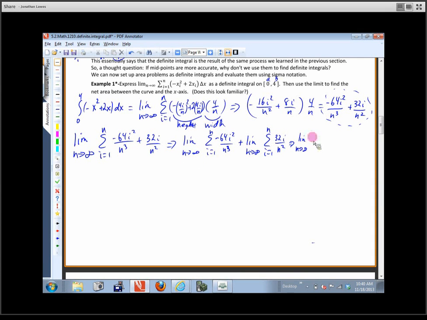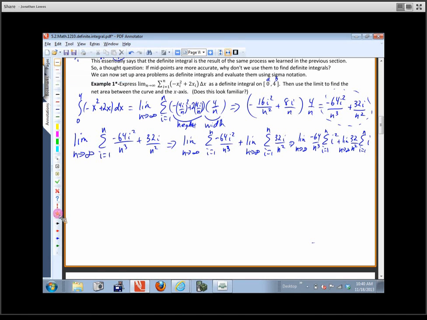So I'm going to put a negative 64 over n cubed, and then I'm going to sum from i equals 1 to n, i squared. And I'm going to do the same thing on the other one, limit as n approaches infinity. I'm going to pull out a 32 over n squared, and then it's the sum from i equals 1 to n of just a plain old i. With me there?